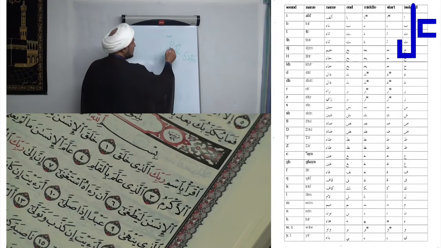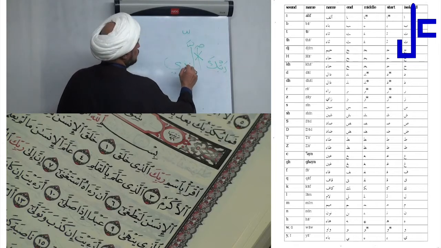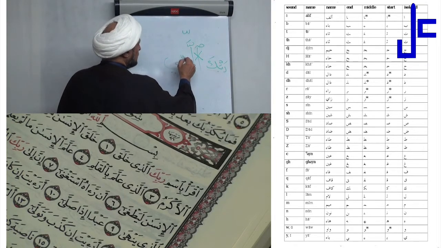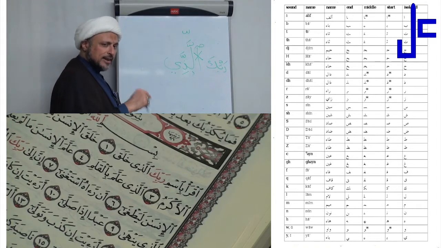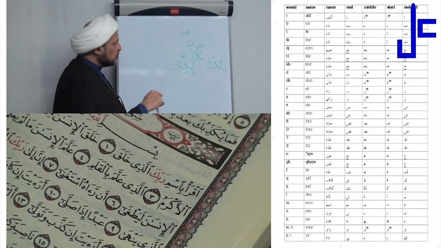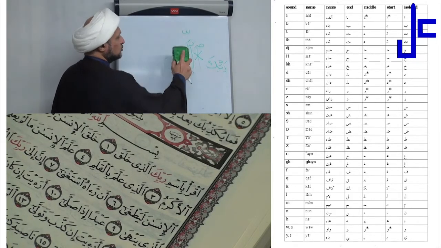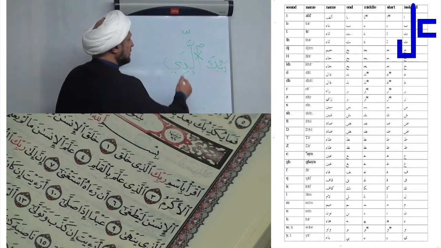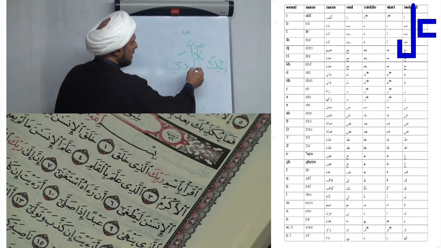Now, many say, okay, there's a shadda after this. No, the lam will not go. The lam will go if the shadda was on the letter after the lam. Here we don't have a shadda, sorry. It's just a da. So that means this lam has to be pronounced. And this lam is a double lam.